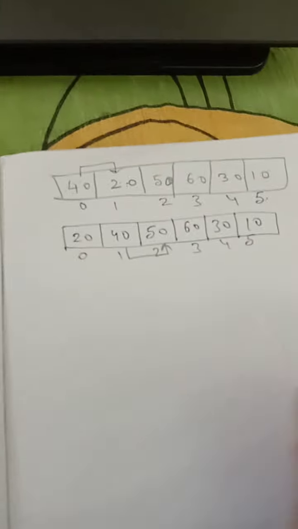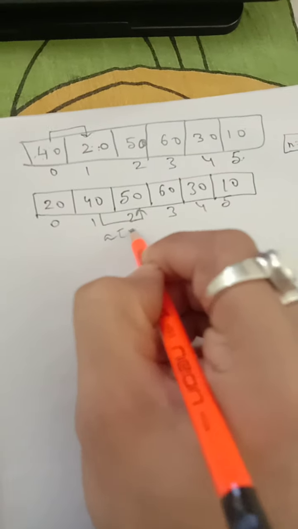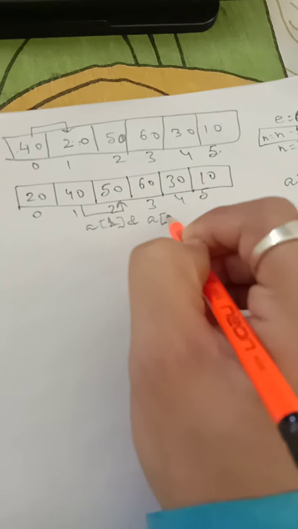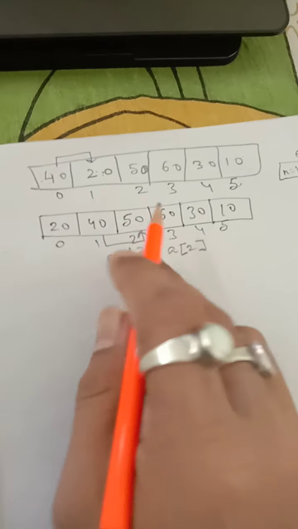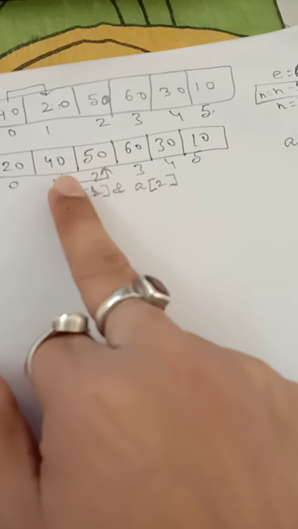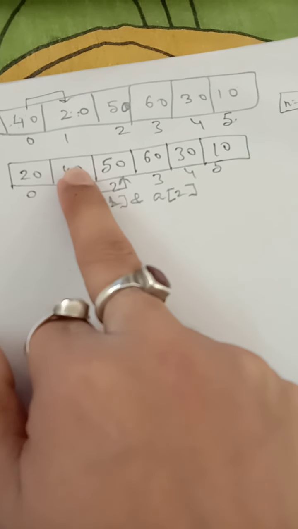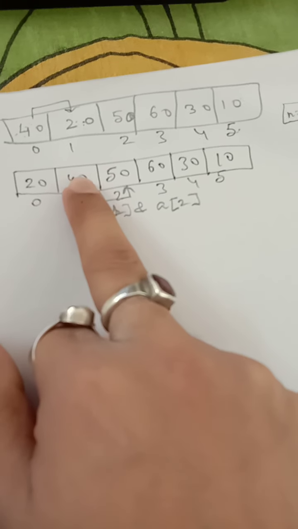Now my next duty is to check between a of 1 and a of 2. The element at a of 1 is 40. Is 40 greater than 50?